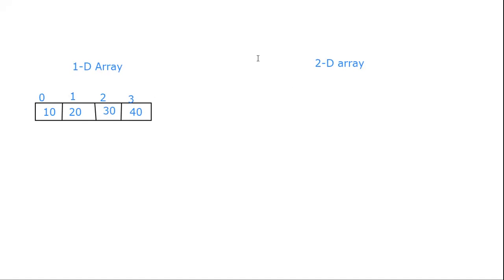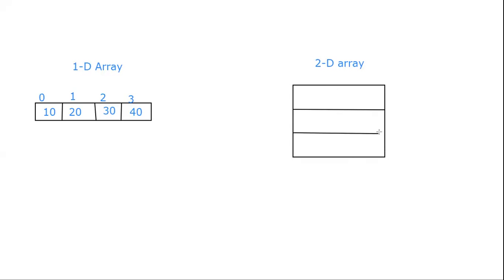But what about a two dimensional array? The two dimensional array means it is used to store data in rows and column format. Suppose you want to represent data like this one: rows, first row, second row, and third row, then first column, second column, and third column. Now when we use rows and columns, then we have to use two indexes, one for the row index, other for the column index.